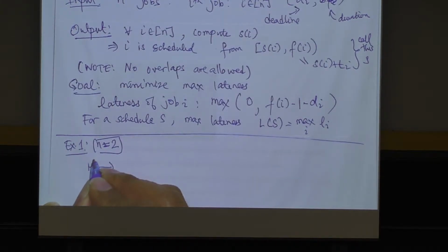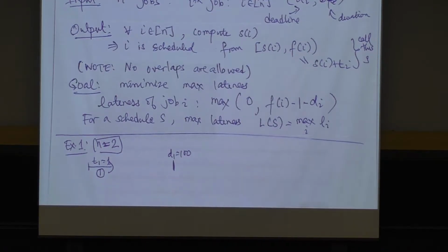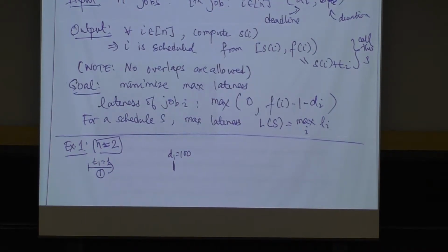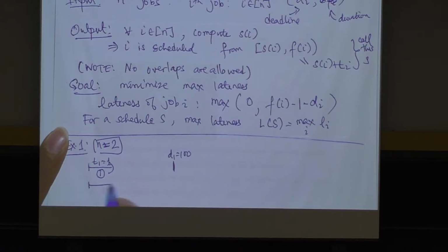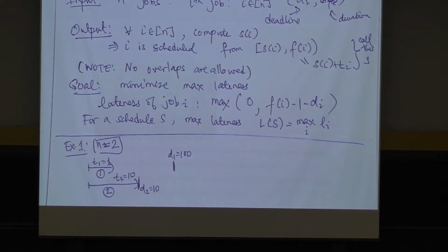Job 1 has a duration of 1, but has a deadline of say 100. So it's really far out in the future. This, by the way, is not to scale. And the second guy has a duration of 10 and a deadline of 10. So you basically have no flexibility. If you want 0 lateness for the second job, you have to schedule it right at the get-go.